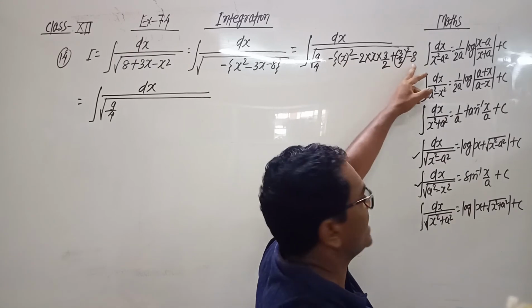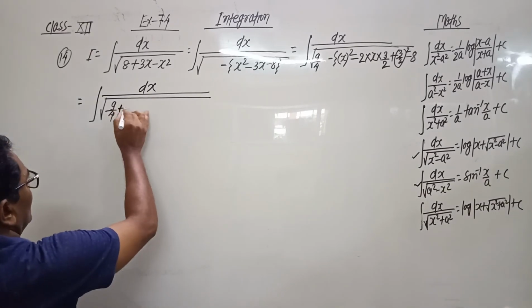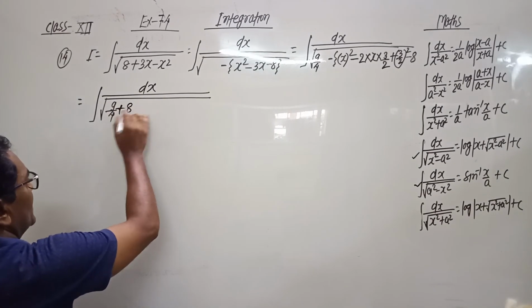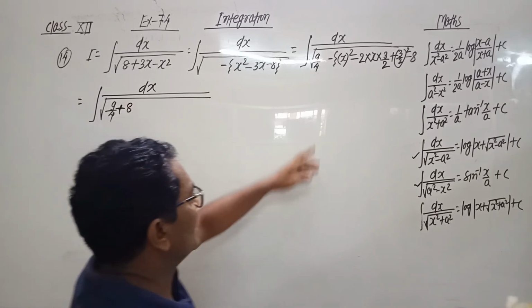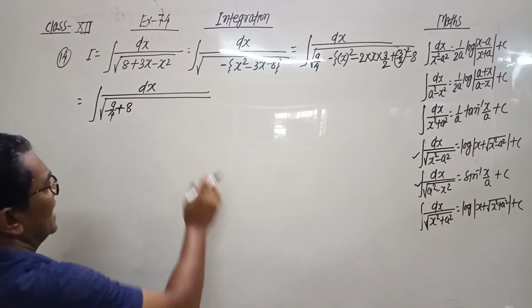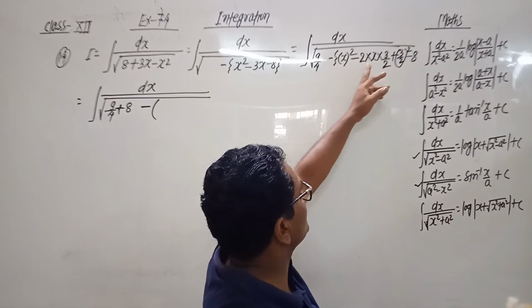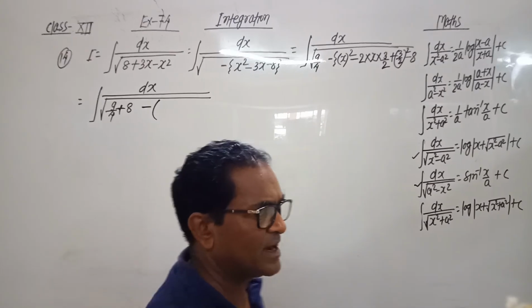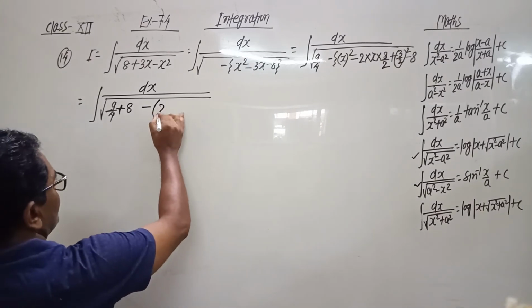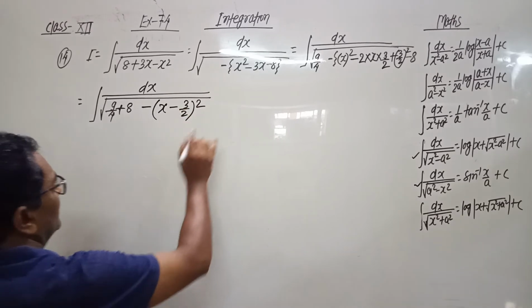So minus becomes plus, so plus 8. The constant terms are written together: plus 9 by 4 and plus 8. And then minus these three terms, a square minus 2ab plus b square, can be written as x minus 3 by 2 the whole square.